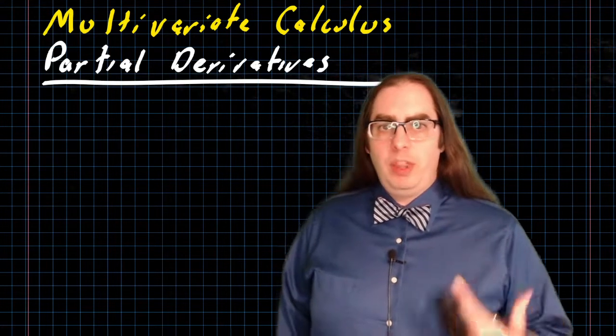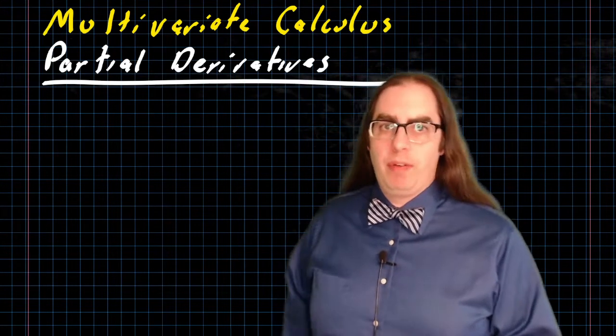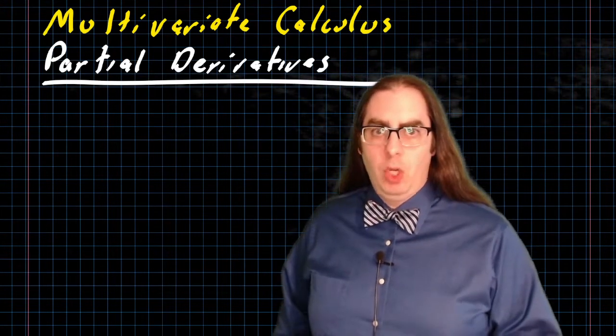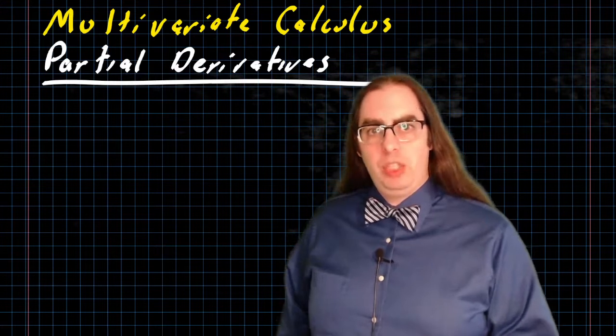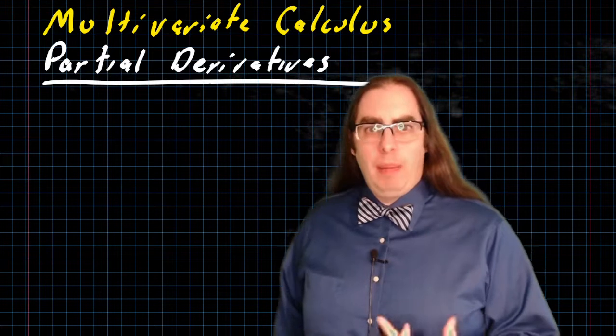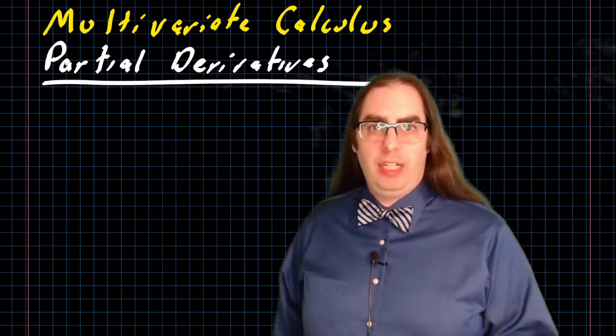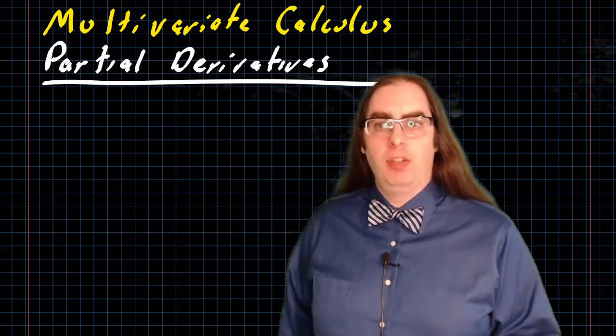And so when we think about differentiation, when we think about the derivative of a function of a single variable, we run into the issue that we're trying to describe how much the curve is tilted, how steep it is.